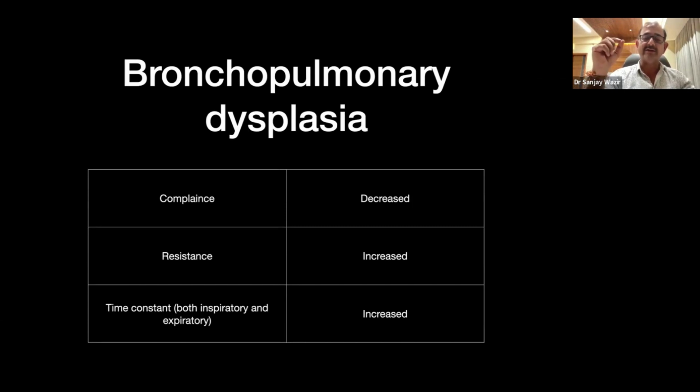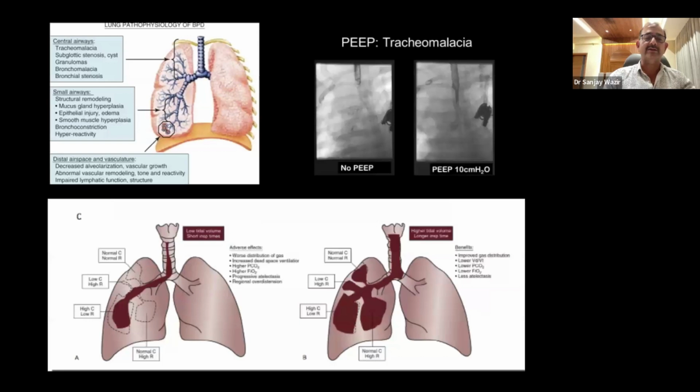Resistance, however, is increased because there is significant fibrosis in the alveoli, into the trachea, and sometimes the distension of the trachea because of tracheomalacia or bronchomalacia also results in increased resistance. And the time constant, both inspiratory and expiratory, is also increased.